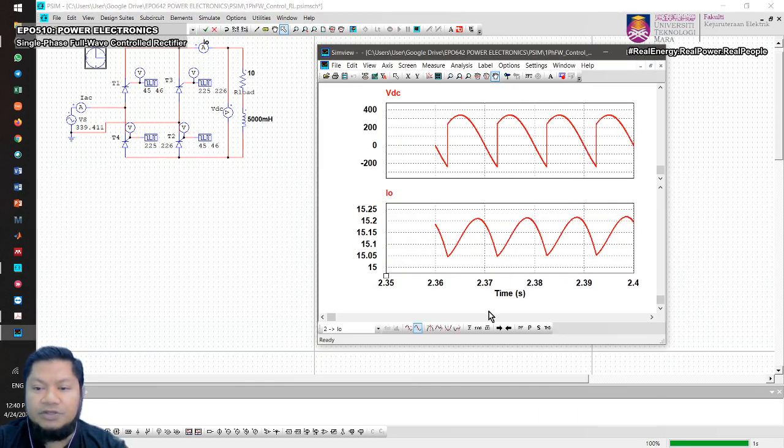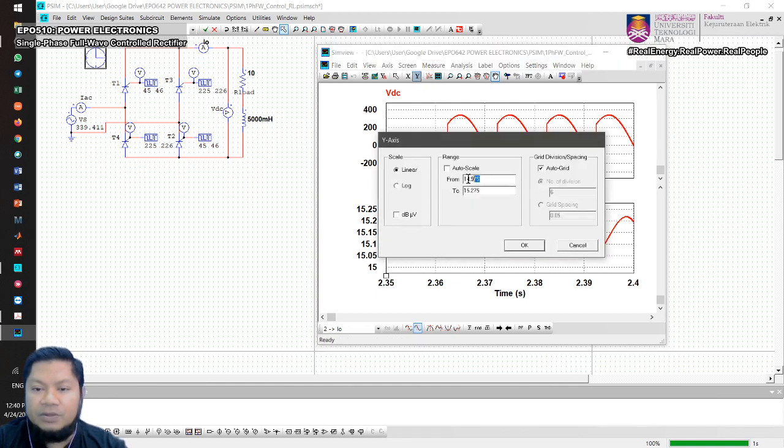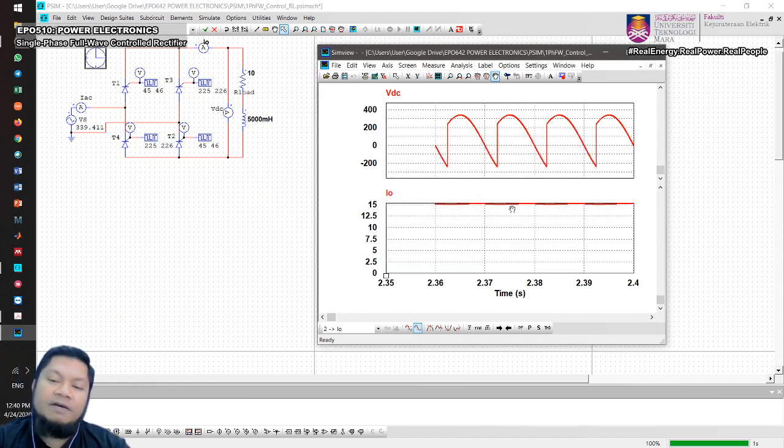Okay, so it becomes continuous. If I reduce Y to 0, then I can see a ripple free or a constant current at the output.